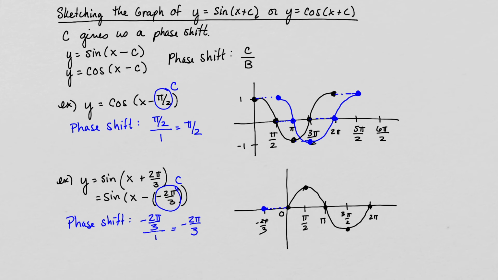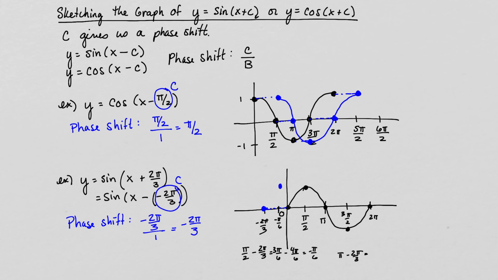The second point, we have pi over 2 minus 2 pi over 3. So we're going to have to do a common denominator. So we'd have 3 pi over 6 minus 4 pi over 6. So it's going to be minus pi over 6. So that's probably somewhere around here. So minus pi over 6. So the second point is coming back here. Then we're going to have pi minus, I'm sorry, pi minus 2 pi over 3.